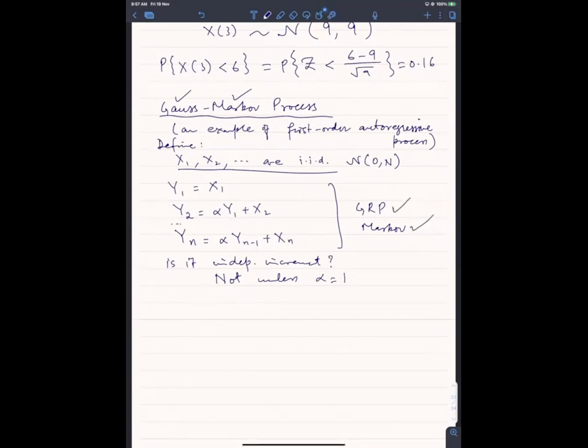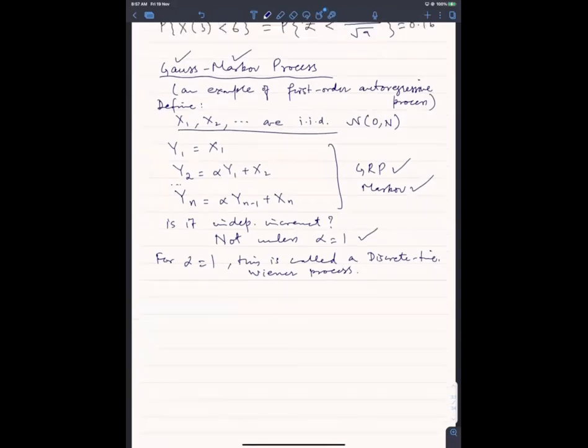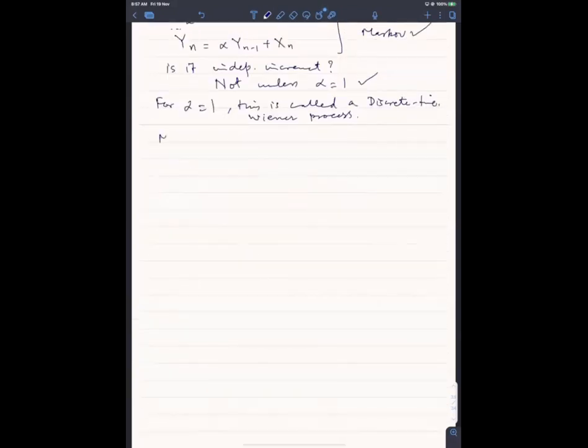If alpha is equal to 1, then this additionally becomes an independent increment process. For alpha equal to 1, this is called a discrete time Wiener process. So let me try to find out the mean and autocorrelation function.